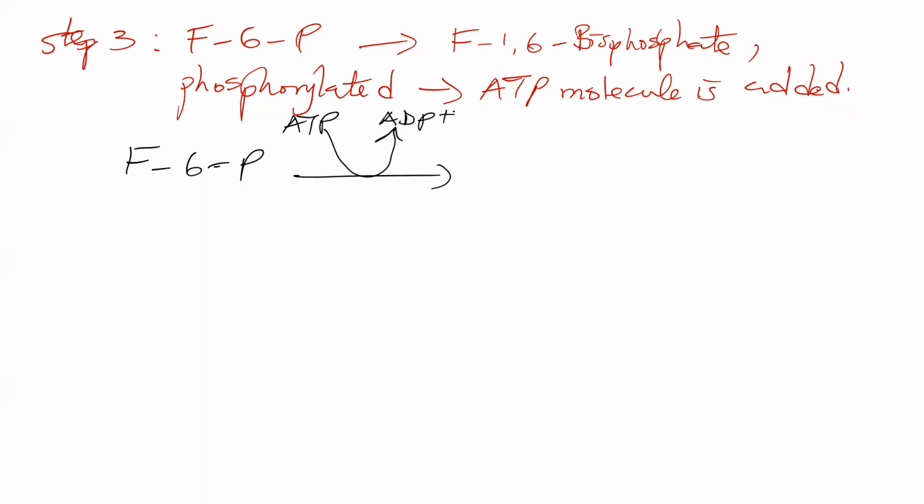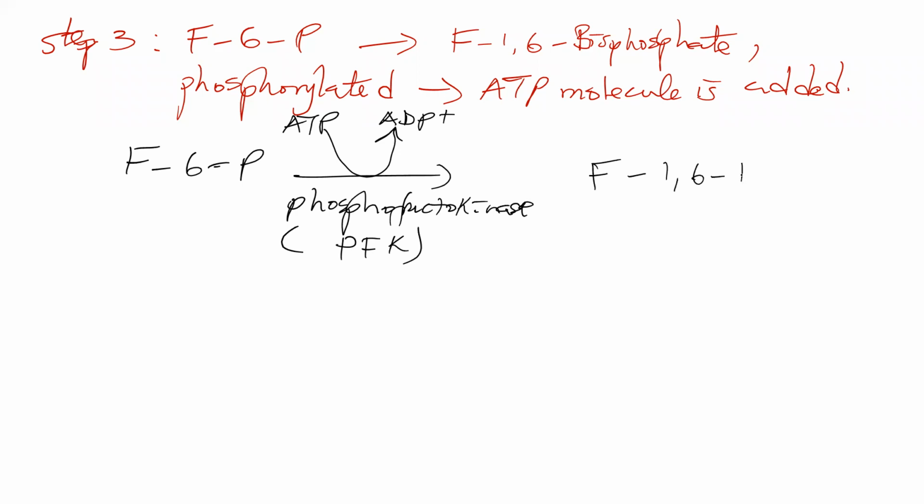Then you have ADP plus, catalyzed by phosphofructokinase. This is also abbreviated as PFK. And then we are getting fructose 1,6-bisphosphate. Again, we can draw the structure.